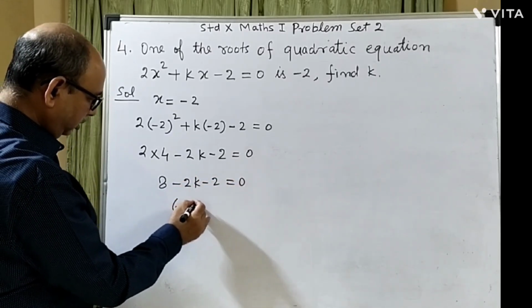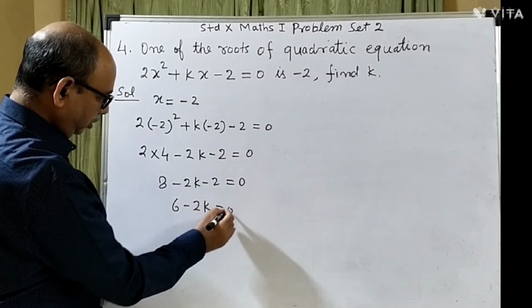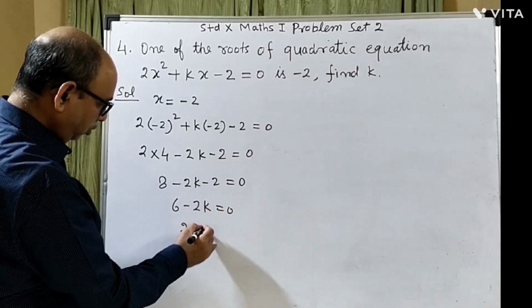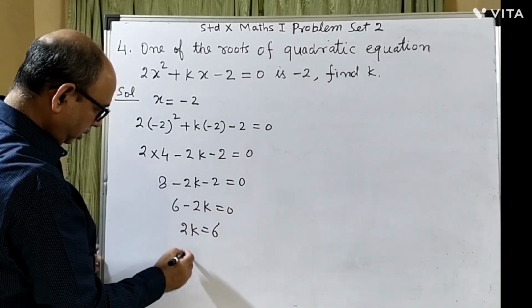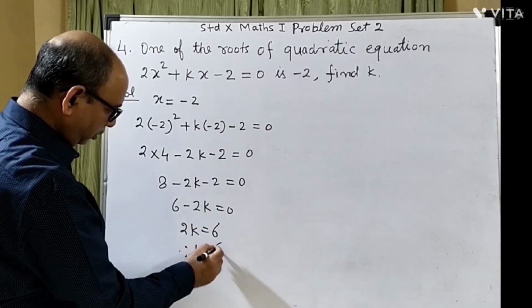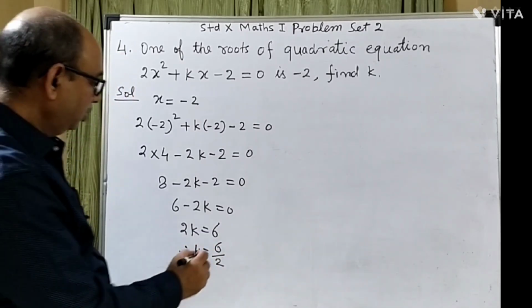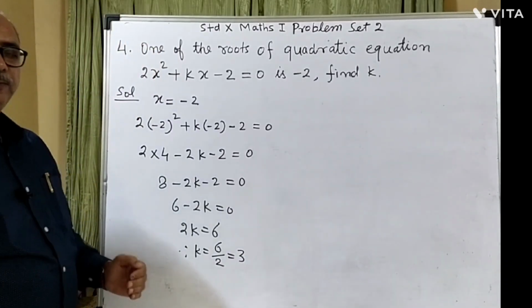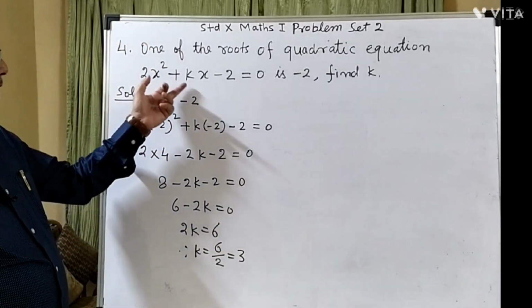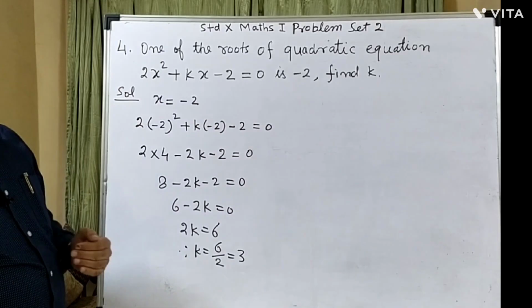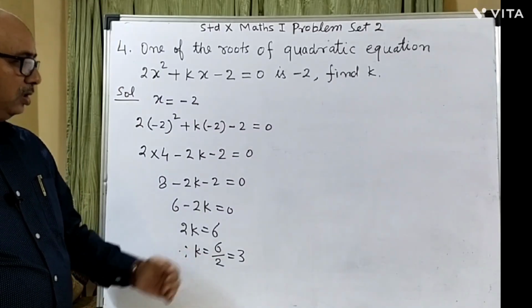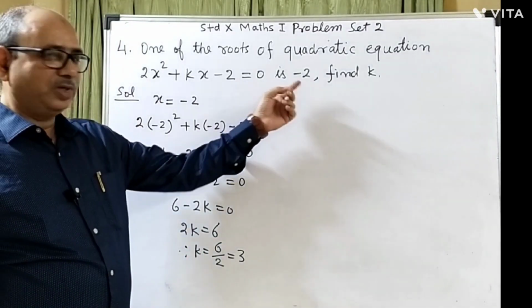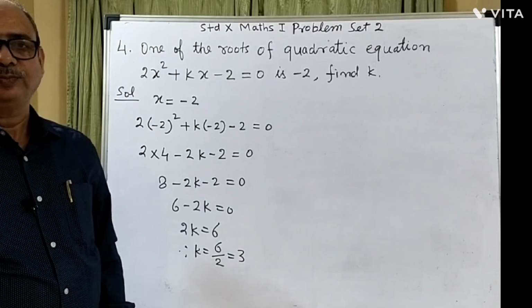So, k is equal to root 2 is the value of k in this equation when one of the roots is minus root 2.